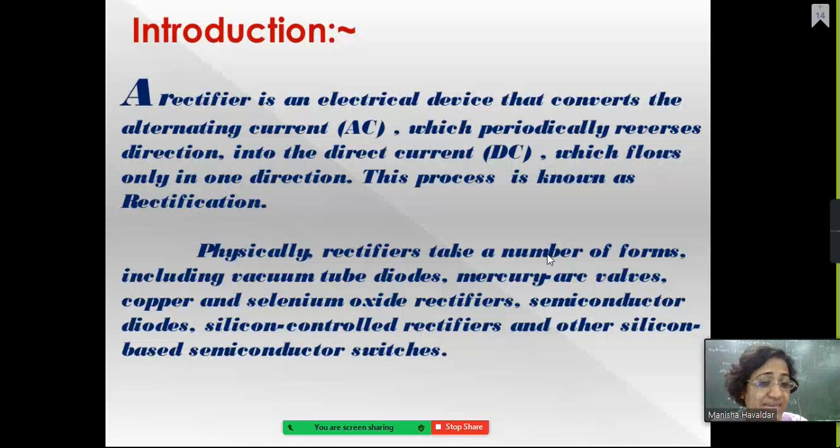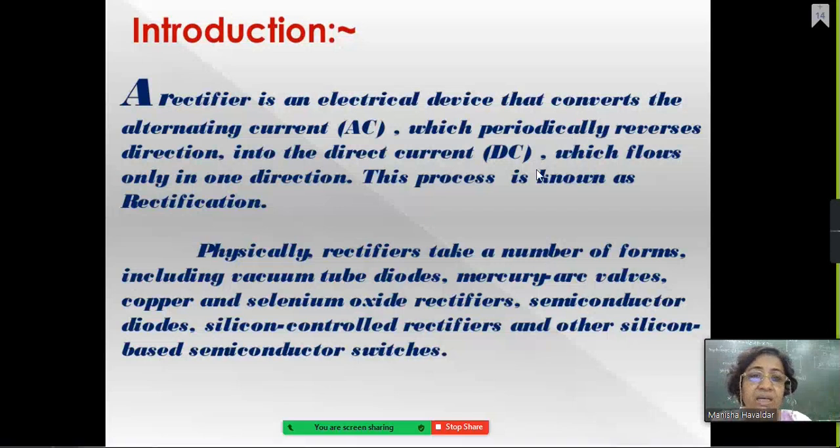This is AC, the output of an AC generator. In one periodic time, one cycle is completed. In one half cycle it will be positive, and then it will reverse its direction and become negative. So it is sinusoidal in function.